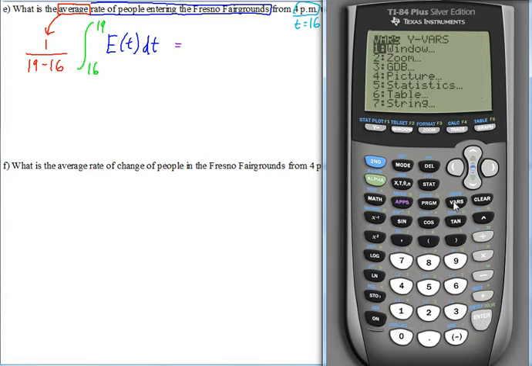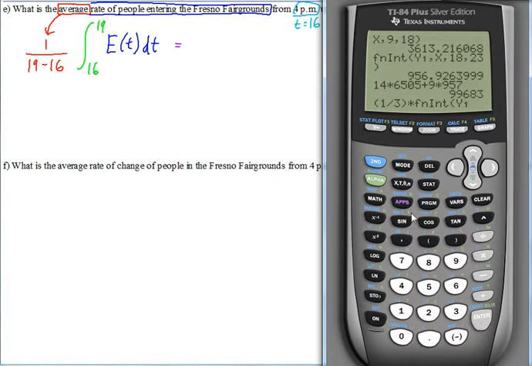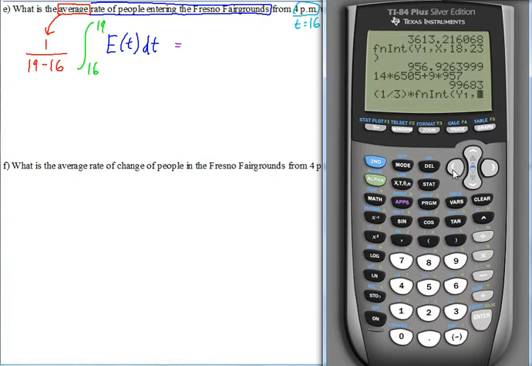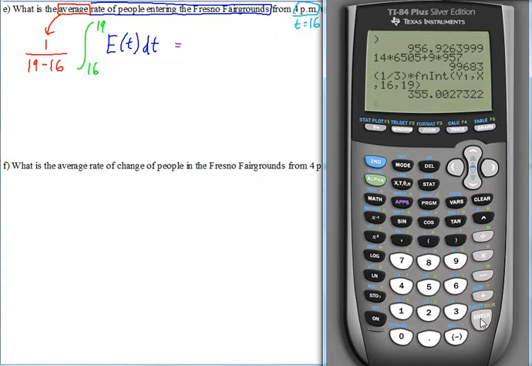Just E of t, so just y1, comma, lower limit 16, sorry, whoops, x first, and then comma, lower limit 16, comma, upper limit 19, and we get 355.002.